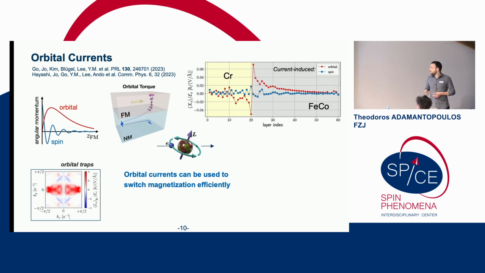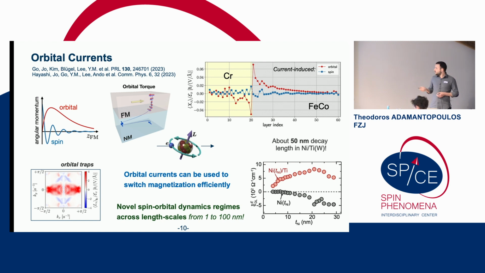This has been shown theoretically. So from calculations on chromium and iron cobalt bilayers, it has been shown that due to orbital traps, which act as hotspots of orbital angular momentum in k-space, the current-induced orbital torque is larger and it has a long-range behavior in opposition to the spin-induced torque.